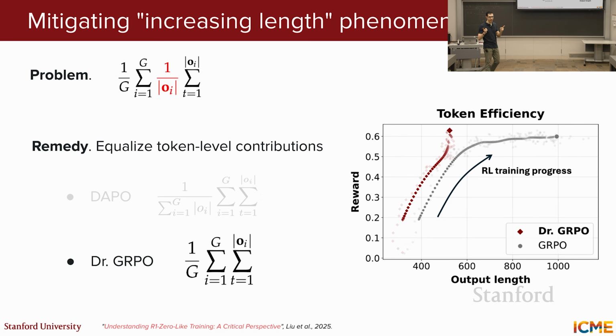And when you do that, if you compare GRPO versus the one that equalizes the token-level contributions, you see that if you plot reward as a function of output length, your model will stop increasing its length again and again.